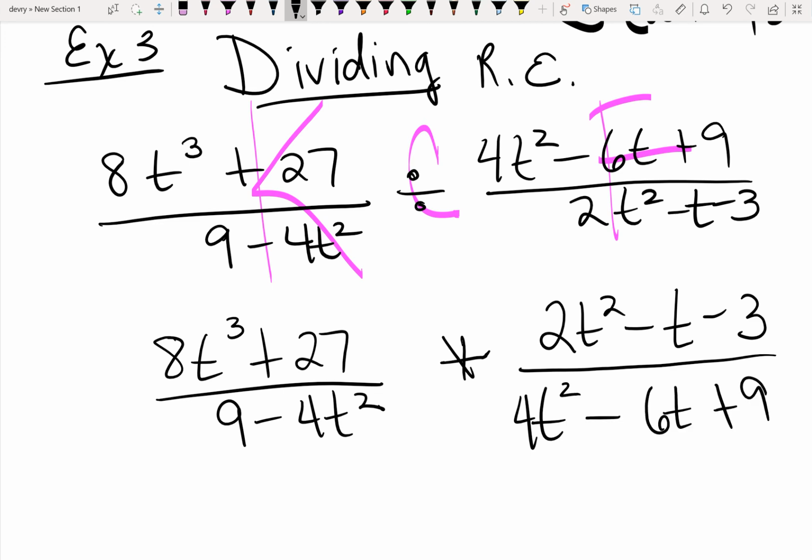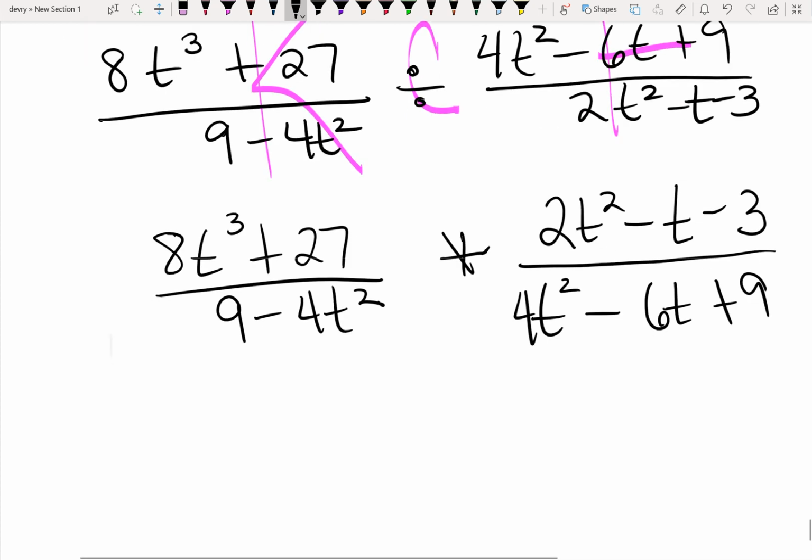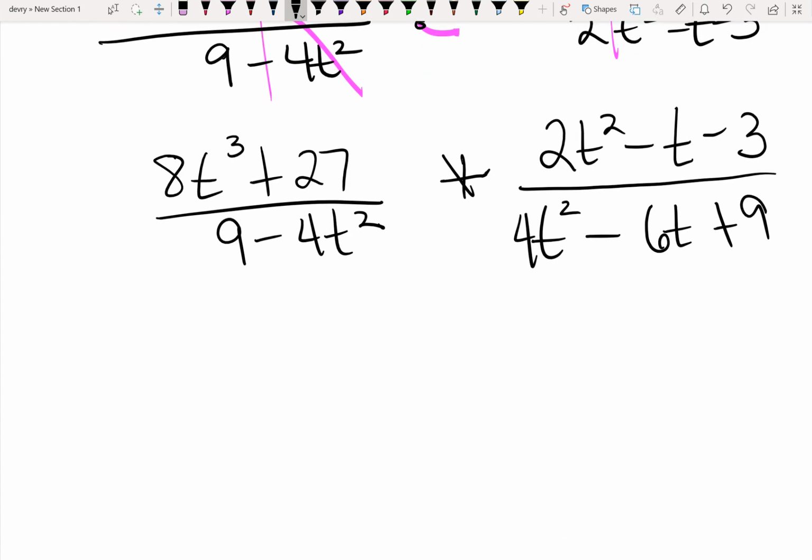Okay? Now we're going to start to factor. This looks like a trinomial to me, because this is 2 cubed, t cubed, 3 cubed. So I'm going to re-express this, let me just write it first as what it is. And this is obviously a perfect square, this piece here.